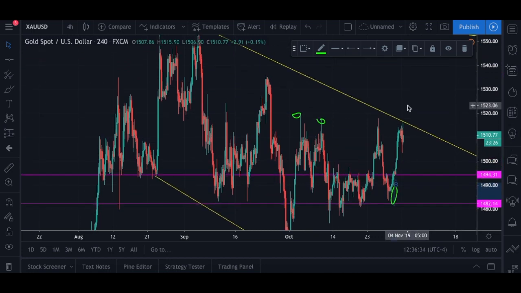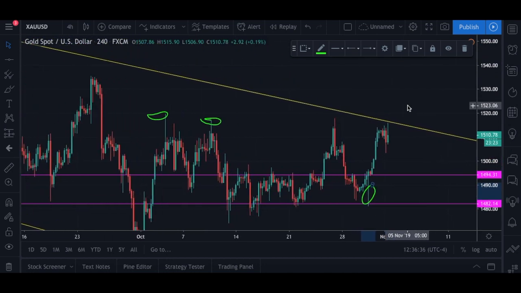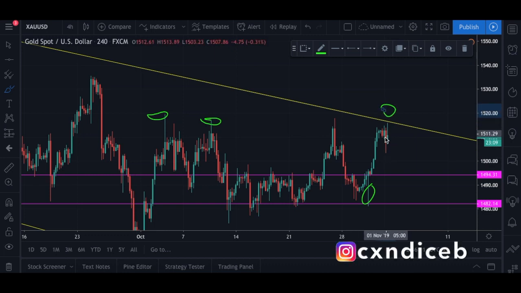So the main thing with your analysis is you want to definitely forecast what might happen. If I were to have to change my analysis and be looking for any sort of bullish momentum, I definitely want a close above here, whether it's today or Monday or Tuesday, whatever the case may be.